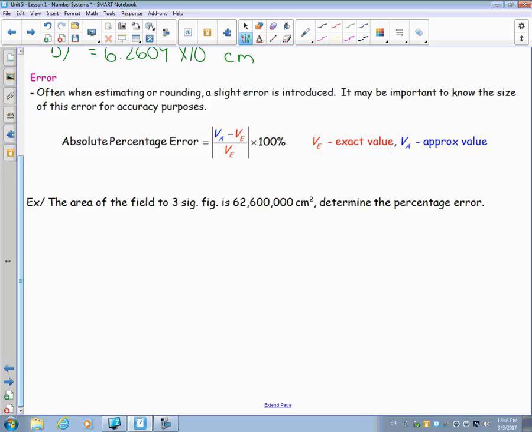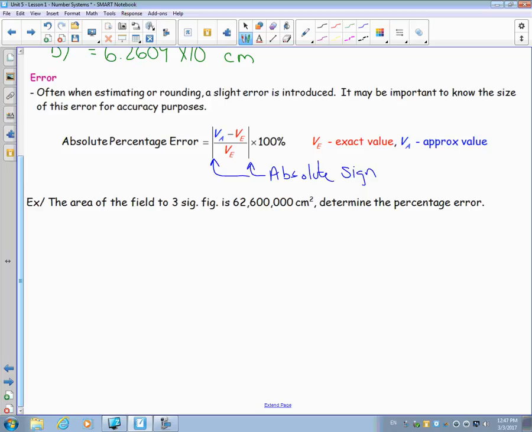If you then divide that by the exact value, you've created a percentage, a total out of something. Okay? New symbol for us, these little lines here, we've learned about these. These are absolute value signs. So all that's doing is taking our value and making it a positive. Error is always referred to in a positive way, how much error you have.